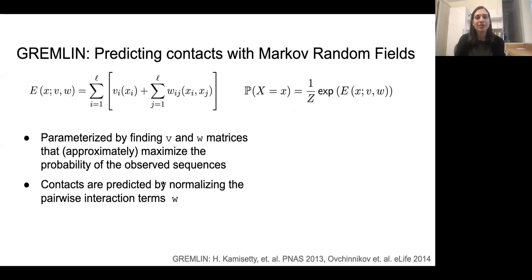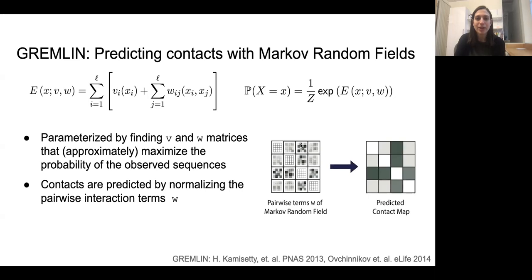Then contacts are predicted by normalizing the pairwise interaction terms W_ij in this formulation. I have a picture of that here. You should pretend that each of these is a 20 by 20 grid within this box, and the average magnitude there is indicative of how much pairwise correlation there is between columns i and j. If there's a lot of pairwise correlation, then one might guess that there's some sort of contact and structural constraint between those columns.